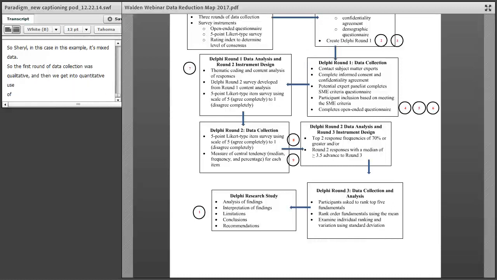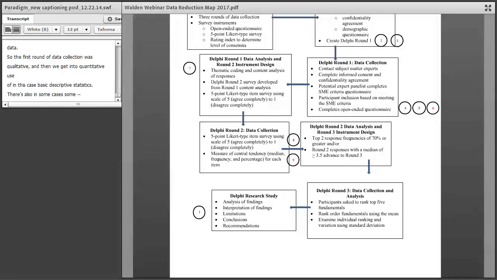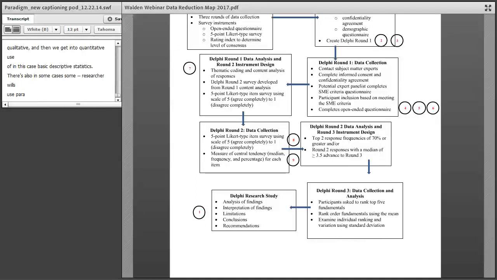There's also, in some cases, some researchers who will use non-parametric statistics. They'll also do a Cronbach alpha to look at internal validity of the instruments. So there's varying levels of sophistication. But for my preference, I typically have the students use the basic descriptive statistics.